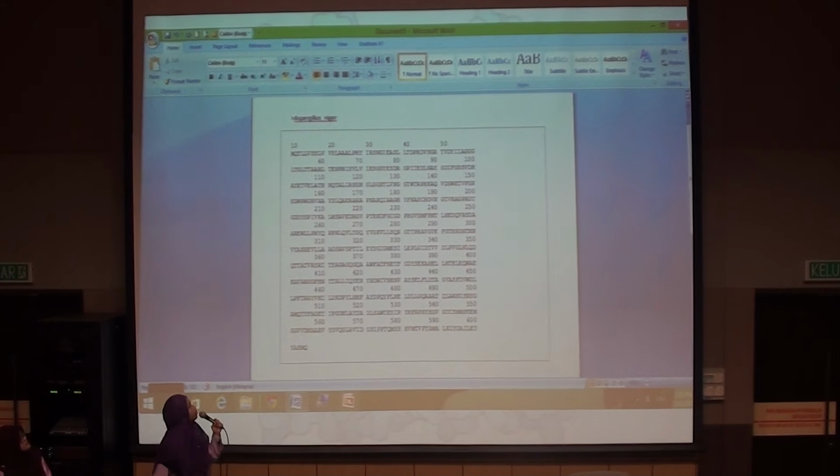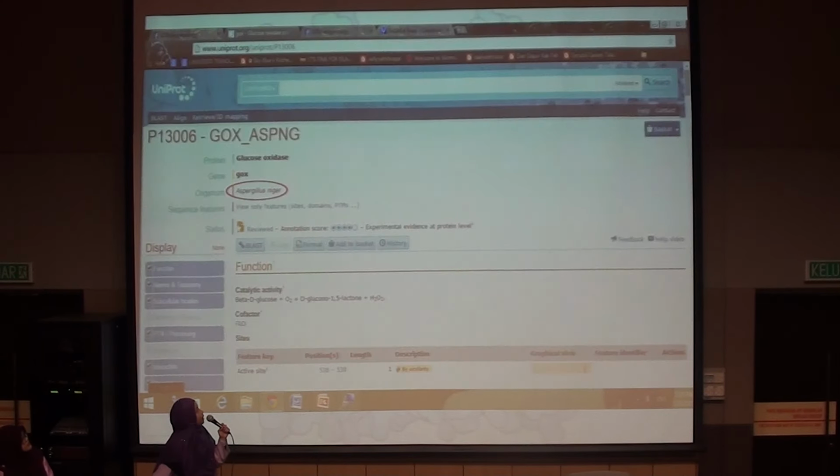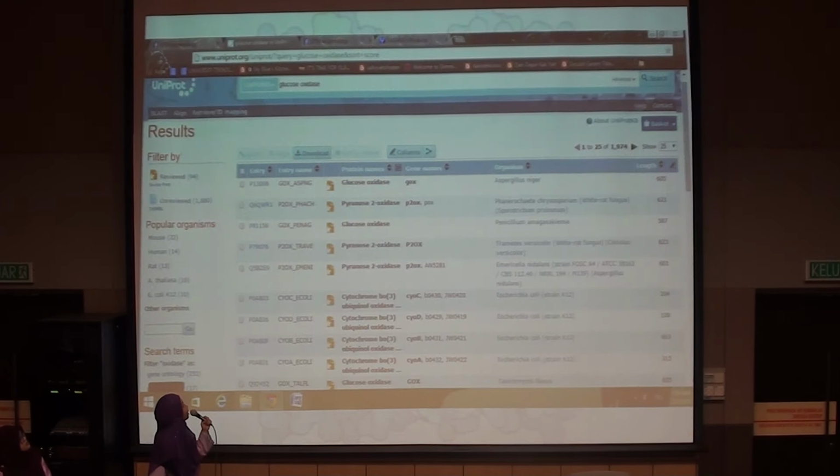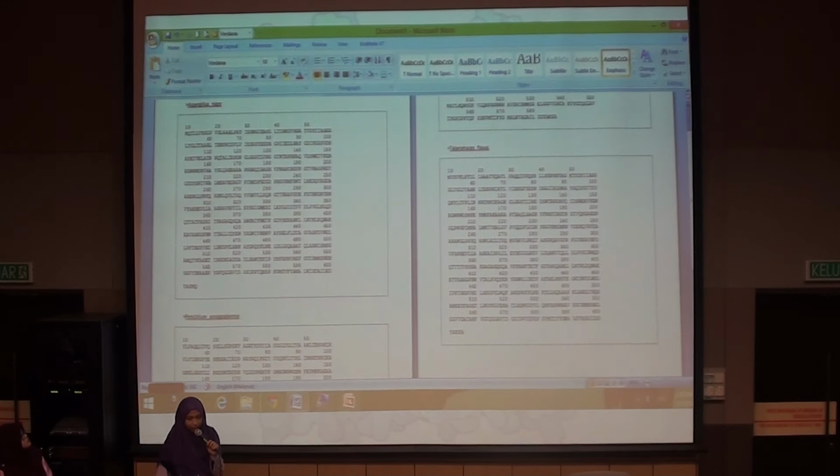What you have to do is copy the amino acid sequence and paste it in Microsoft Word. We repeated the same thing for the other two organisms, Penicillium amagasakiense and Talaromyces flavus, and pasted them in Word.